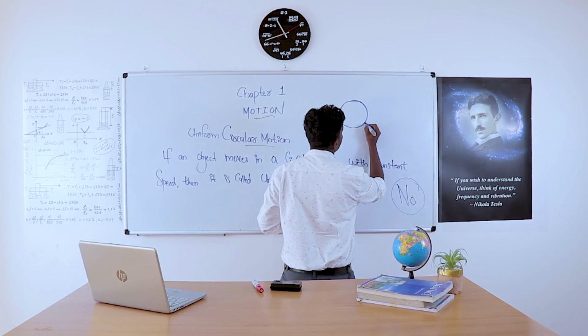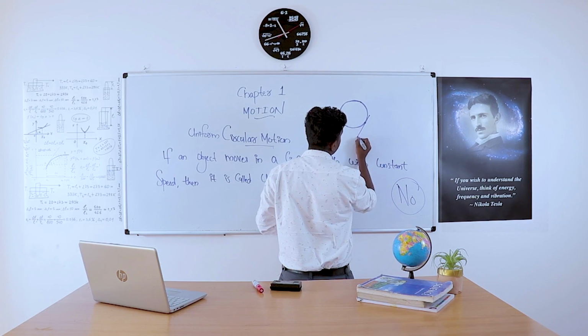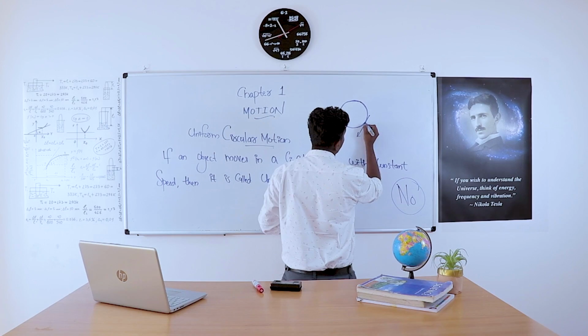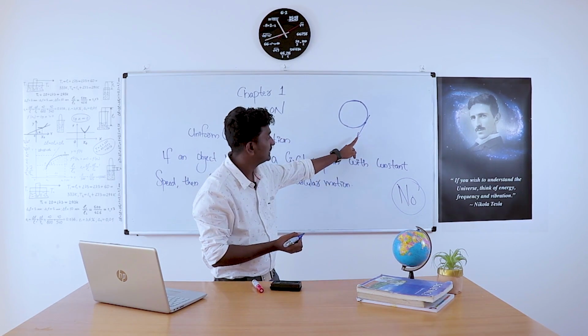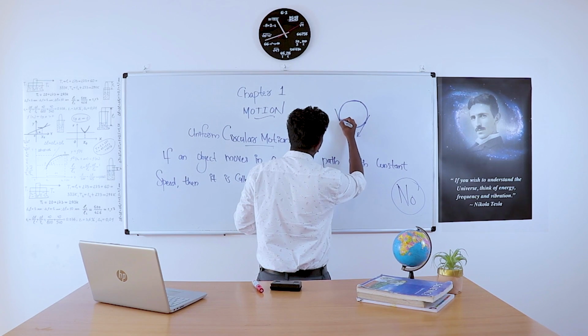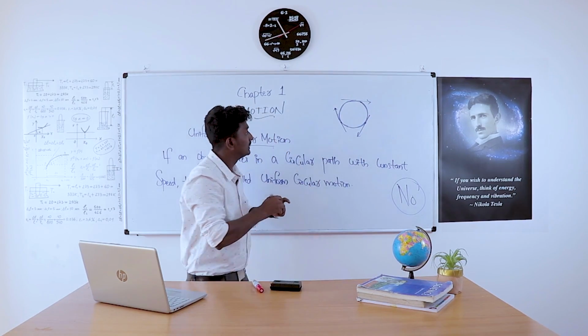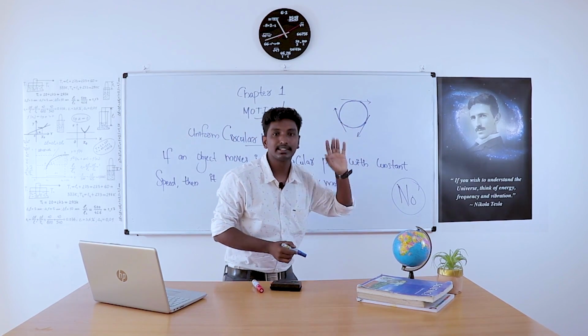Here, if we want to find the direction in a circular motion, we have to draw a tangent. At this point, the direction of velocity is like this. Taking another point, the direction is like this. And at another point, the direction is like this. Look, at these three points the direction is not the same.